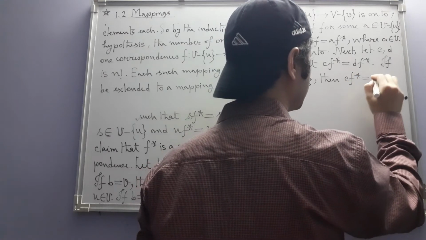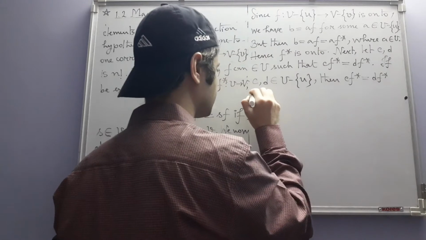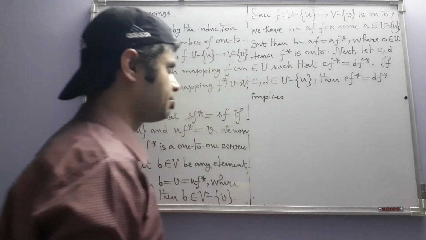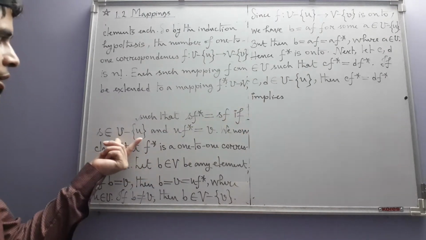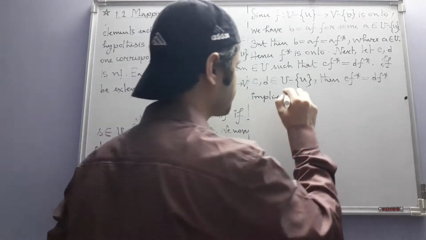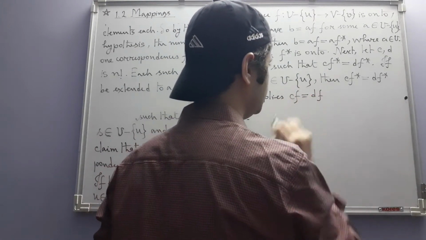Cf star equal to Df star implies, what happens when elements are in U minus u, their f star images are equal to their f images. Cf is equal to Df.